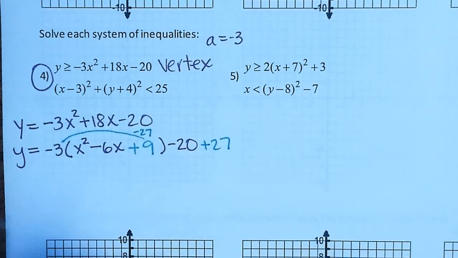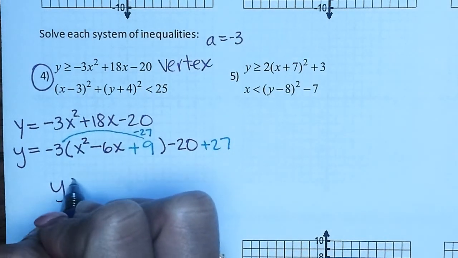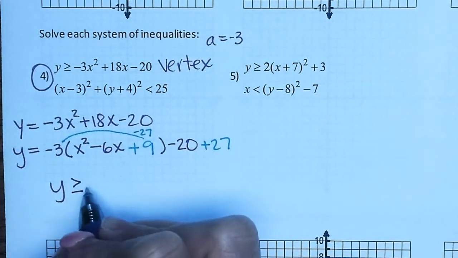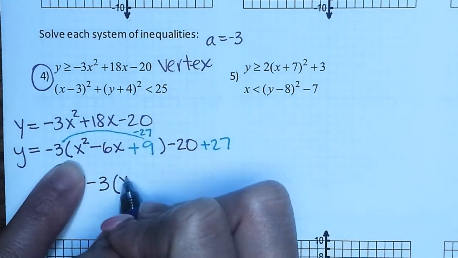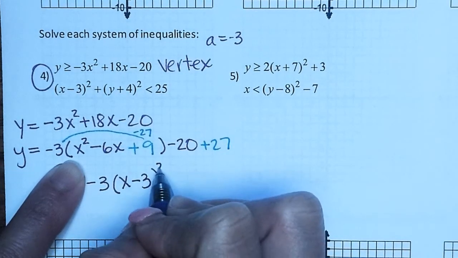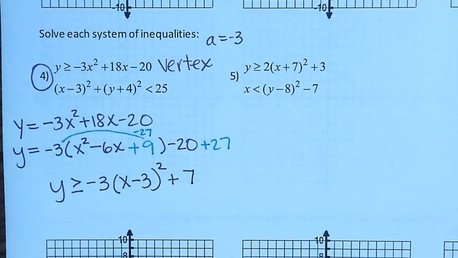Okay, so example number 4, I can now write my parabola as y is greater than or equal to negative 3 parentheses x minus 3 squared plus 7. Pause for questions on how to get that.